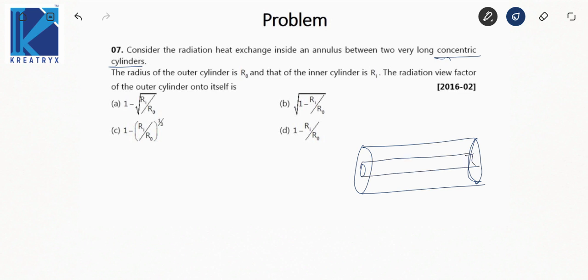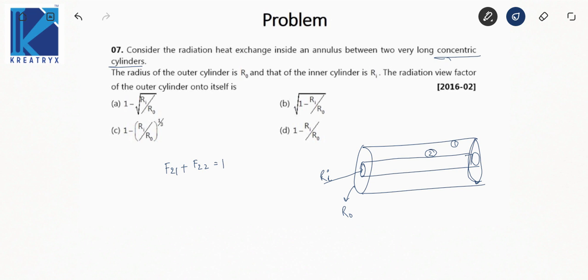Okay, so this is having radius Ri and this is having radius R0. Let this be surface 1 and let this be surface 2. By the summation rule we see that f21 plus f22 is equal to 1.